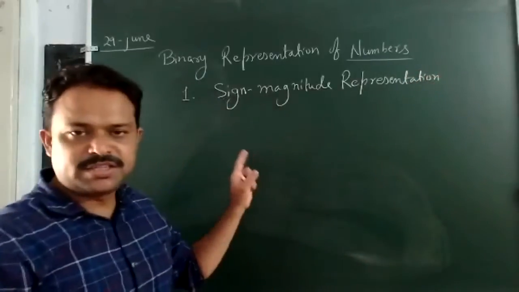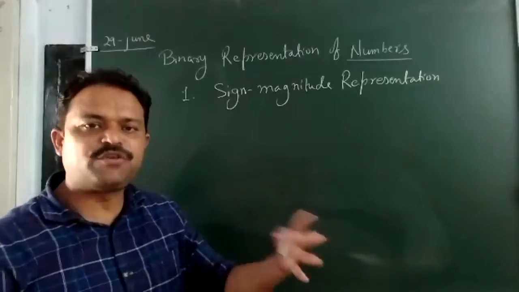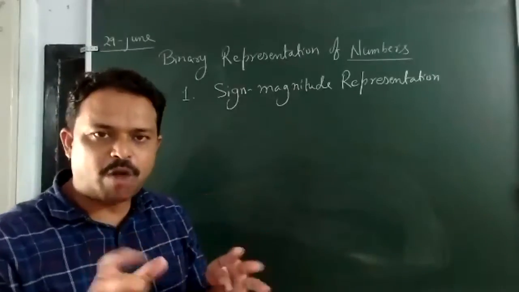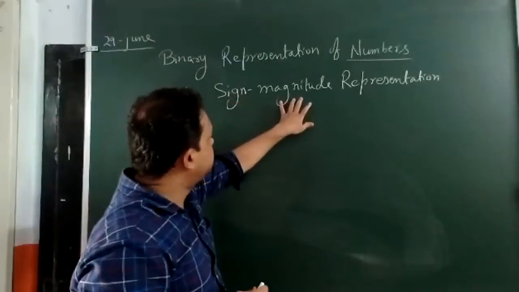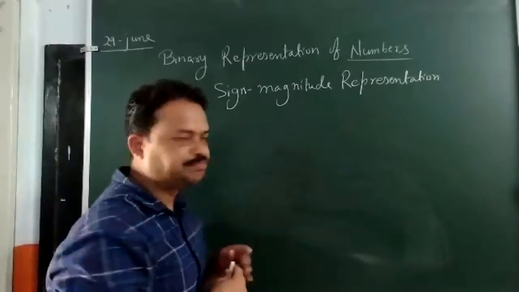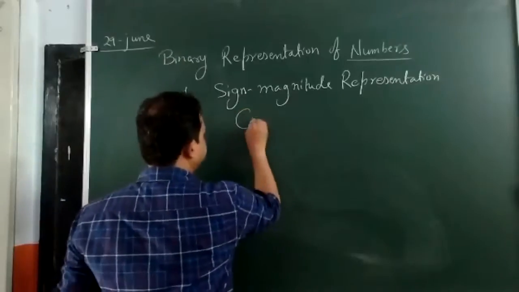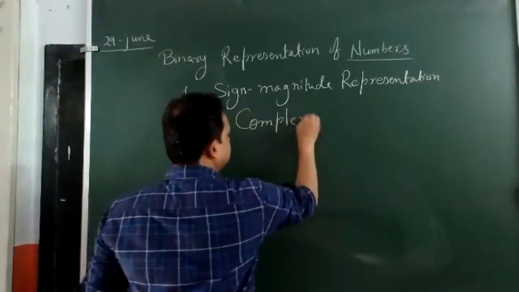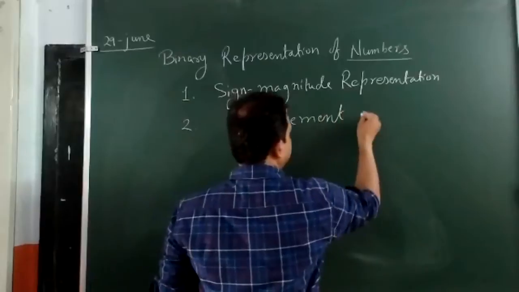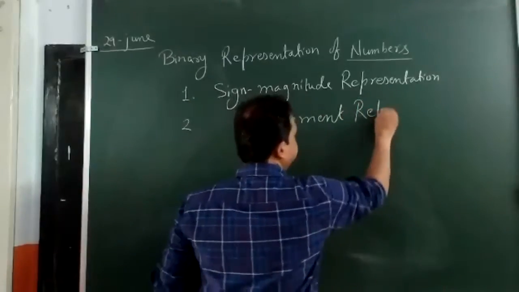This is the first way to represent any positive or negative value. Then we have complement representation.